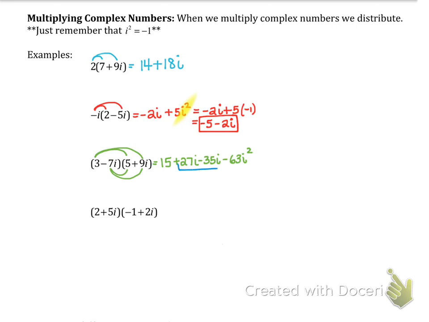I'm going to combine these like terms, and then I'm going to make I squared -1. So I get 15 minus 8i minus 63 times -1. So that's going to turn into 15 minus 8i plus 63. So my final answer with the real part in front, and it must be in front, is 78 minus 8i.